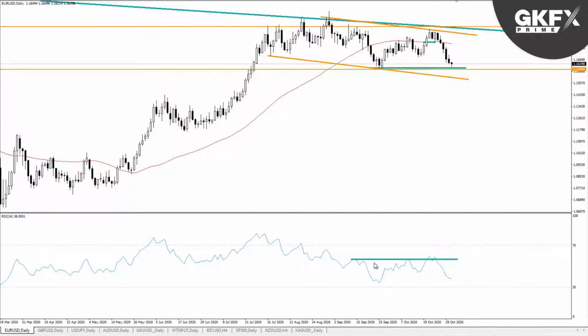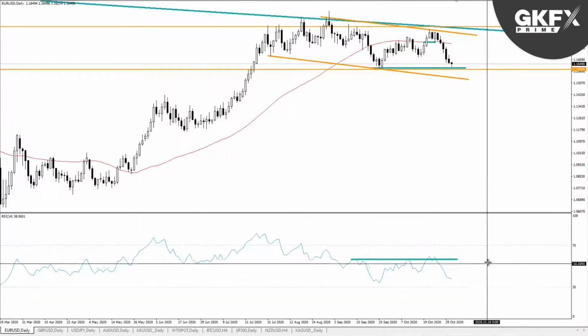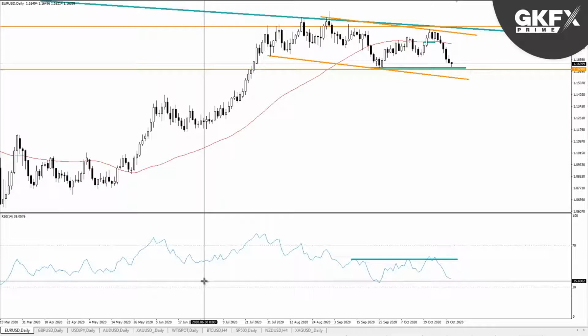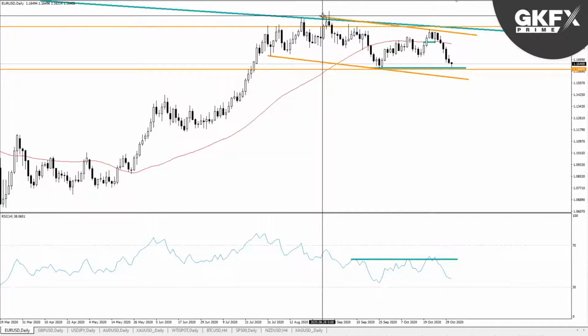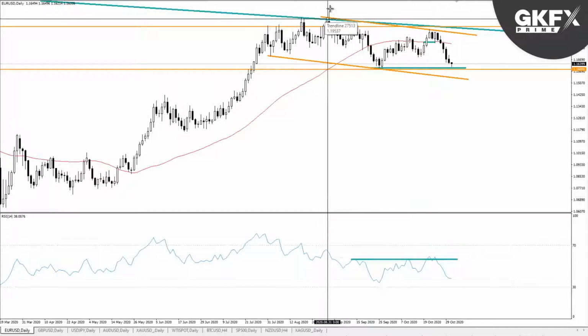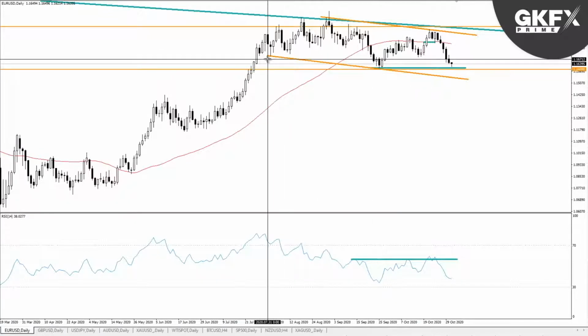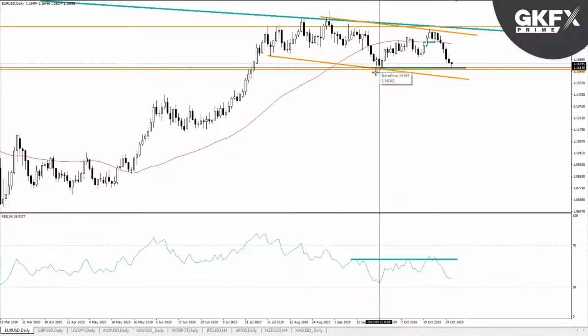Just look at this RSI, it's just being capped out every time around, what's that, 60? 55 in fact. So you can see there isn't a lot of upside momentum, and it looks pretty bearish at the moment. I've drawn these channel lines in, they're not perfect, discounting this spike high here, I've drawn this through here, and that actually comes pretty nicely parallel with this first low, connecting this low here.